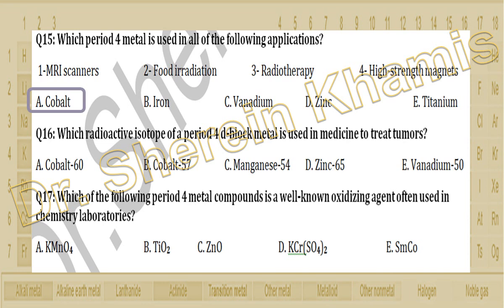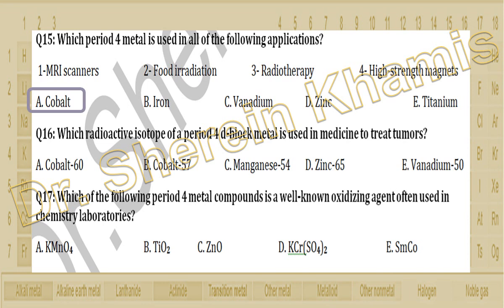Which radioactive isotope of period 4 d-block materials is used in medicine to treat tumors? We need one of the effective isotopes, and we said in the previous question that it is used in radiotherapy and MRI scanners.